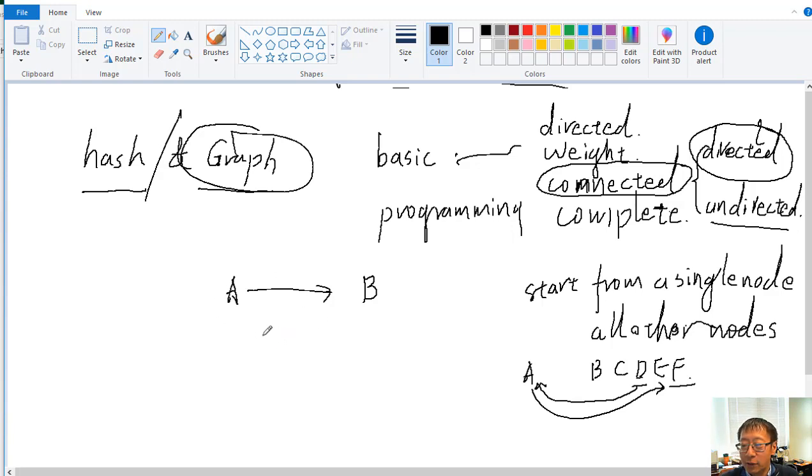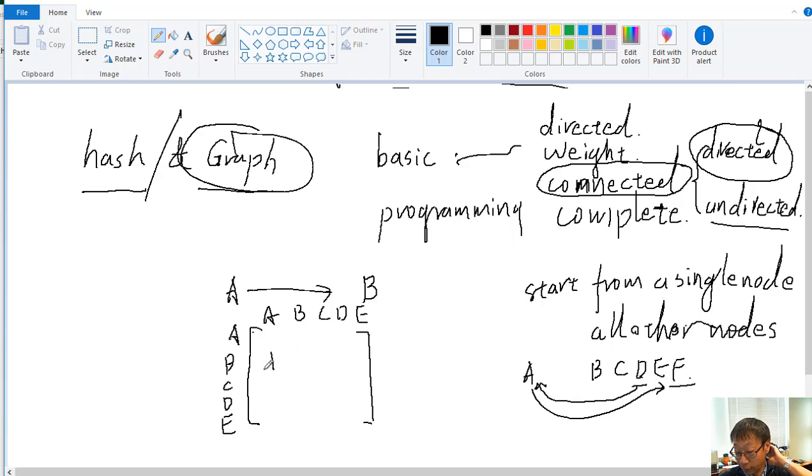And then we have different ways of representing a graph. We can have a two-dimensional matrix. In this way, you can decide if there is a link from A to B: here will be 1, otherwise it will be 0.